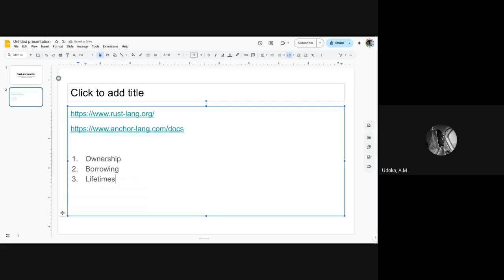How Rust processes this is that you can borrow reference data without taking ownership. That's basically what it is here. And then on execution you can always return the data back to where you borrowed from.